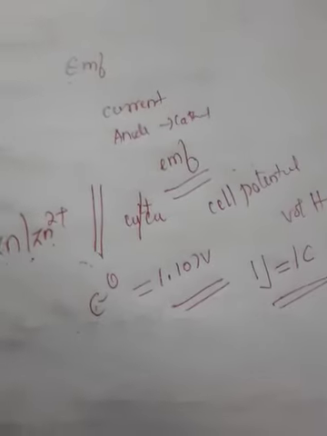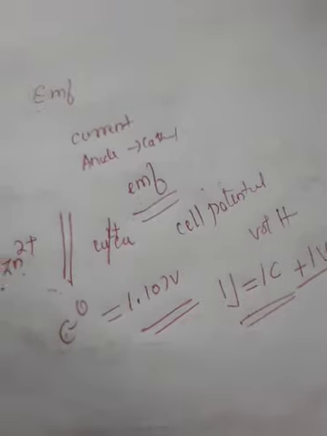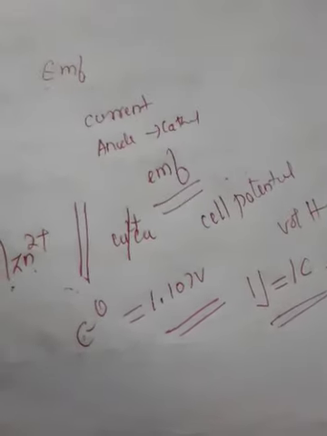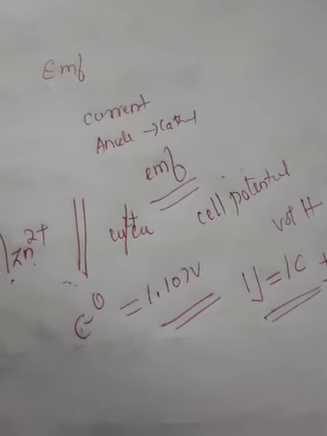So the cell voltage depends on the nature of the electrode, concentration of the electrolytes, and temperature at which the cell is operated.